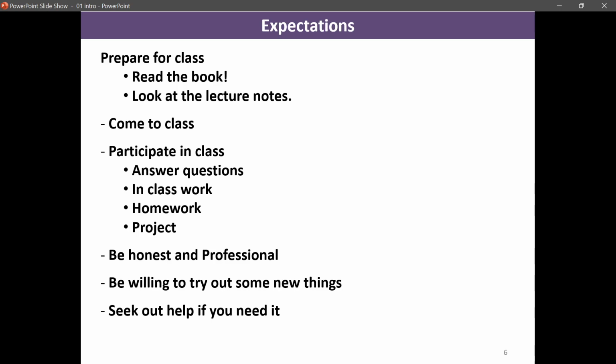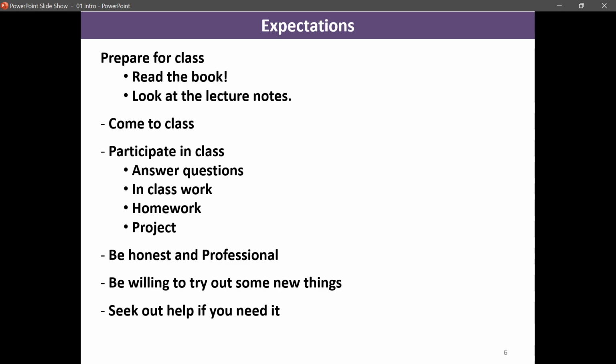Ask questions. If you don't understand a concept, ask about that concept. Ask me to repeat the concept. There is no shame in not knowing, but if you don't understand something, you won't be able to answer exam questions and your grade will suffer, right? So make sure to ask questions.